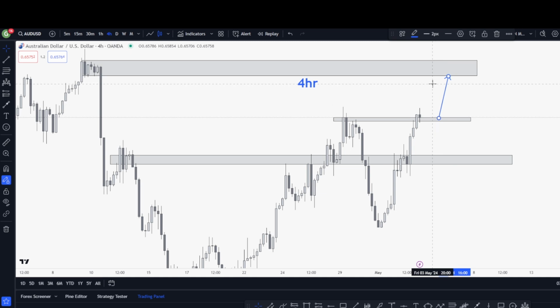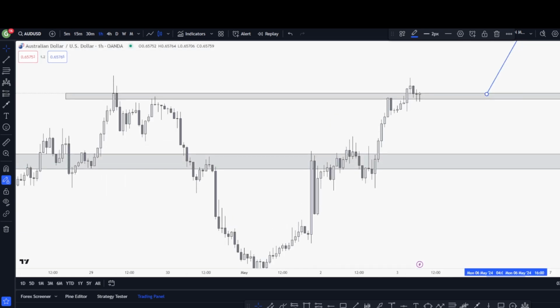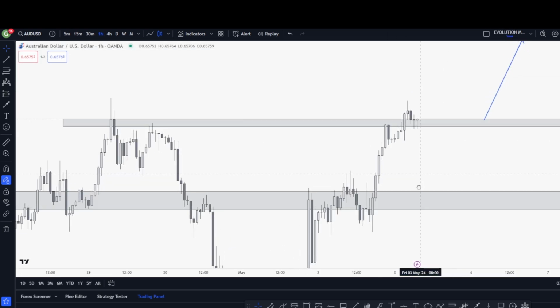So we'll be expecting some buy positions to come to us for us to execute to the upside. Now, when it comes to trade execution, the 4-hour is mainly for our swing trades. But if you're looking to take quick scalps or some intraday day trades, what we could do is drop further down to the 1-hour to see what is happening.